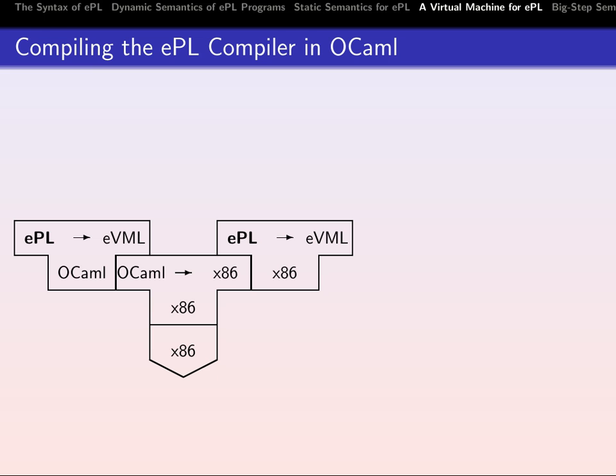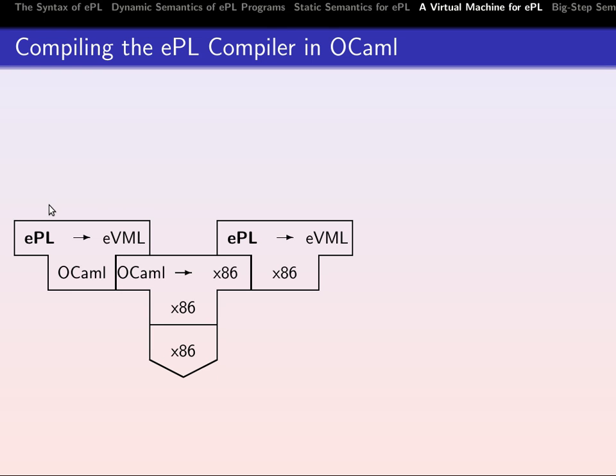So what have we produced? The x86 binary that we have produced can be used to translate EPL into EVML as a binary. So the distinction is that we can run this, but we cannot run this. Why?